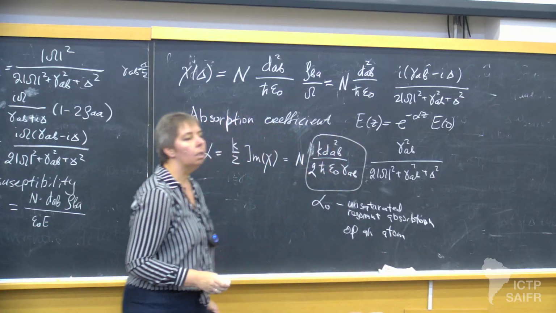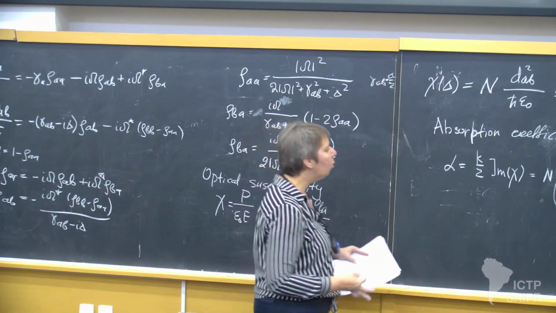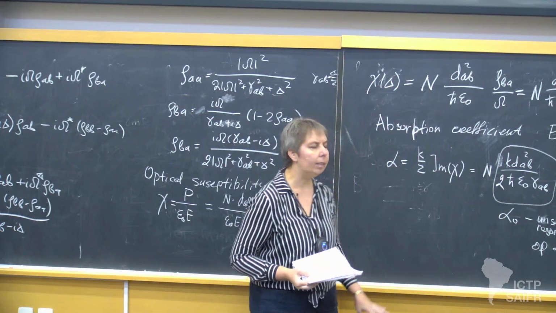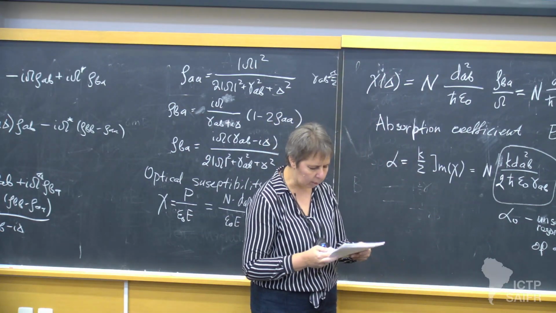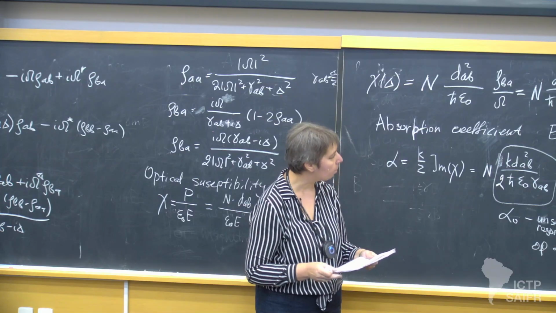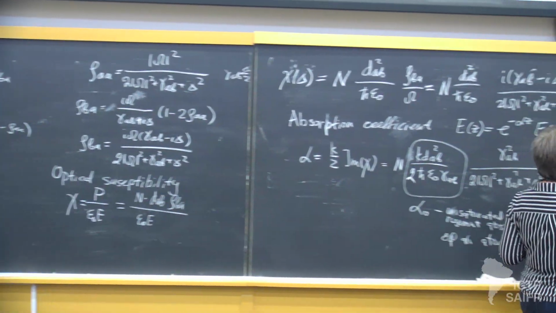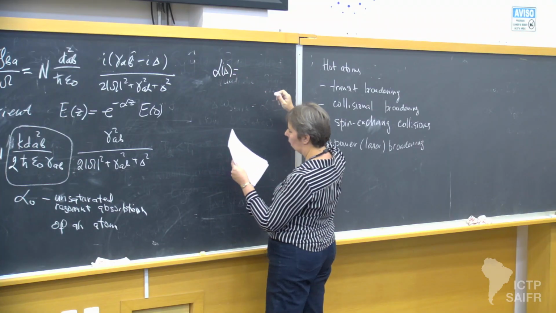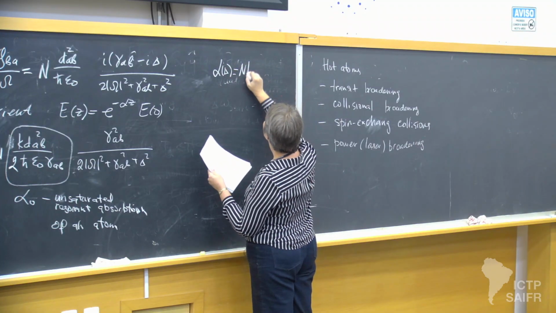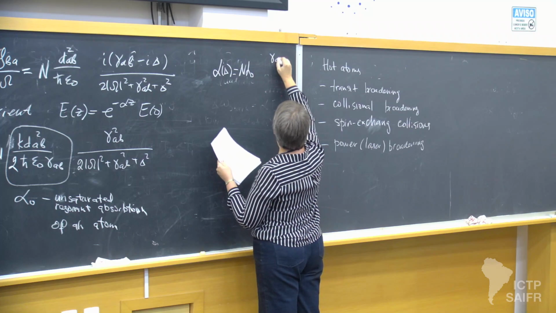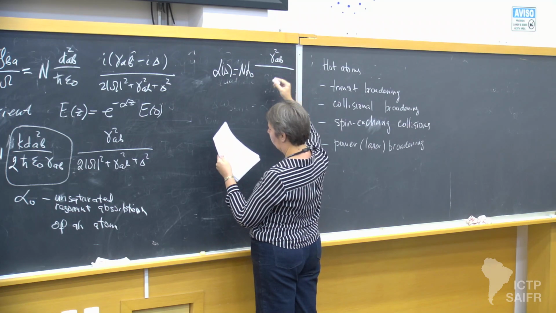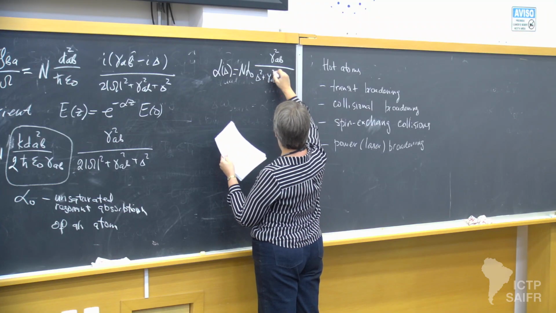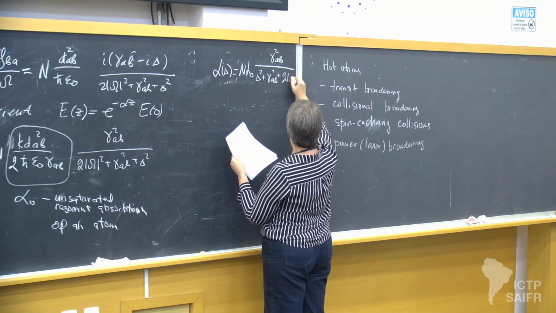Right? So basically, if you have no detuning and a very weak field, the absorption is going to be n times the absorption of the single atom. We're doing it just to make things easier to write. And that means that in general, the absorption coefficient as a function of detuning is going to be n alpha 0 gamma AB squared divided by delta squared plus gamma AB squared plus 2 omega squared.